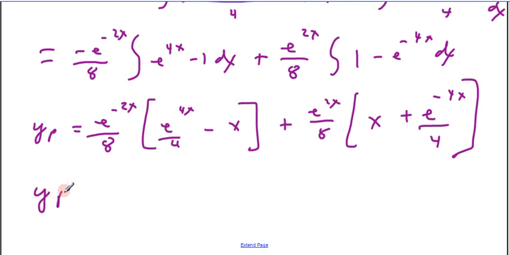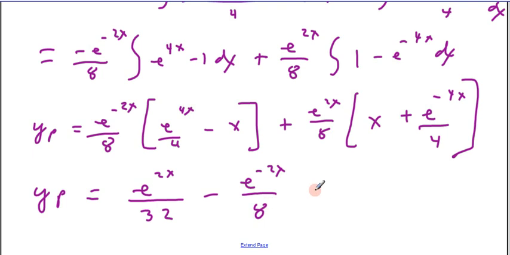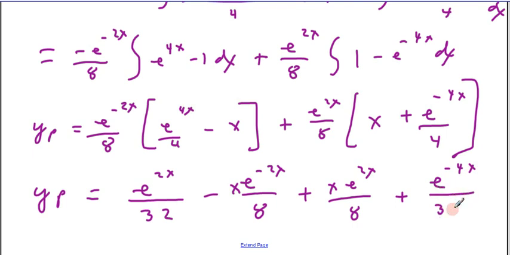Okay, so y sub p is going to be e to the 2x over 32 plus minus e to the minus 2x over 8 x plus x e to the 2x over 8 plus e to the minus 4x over 32.